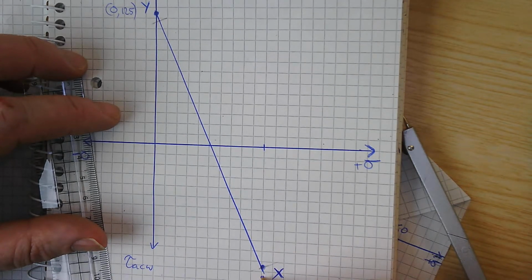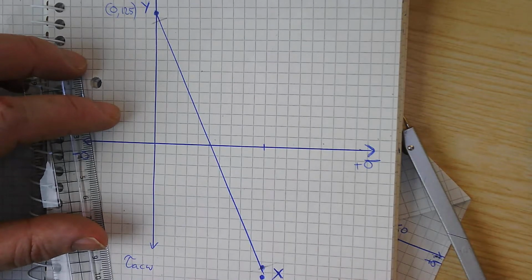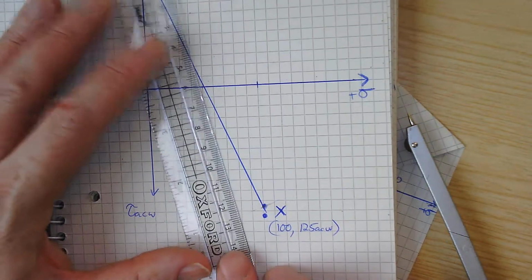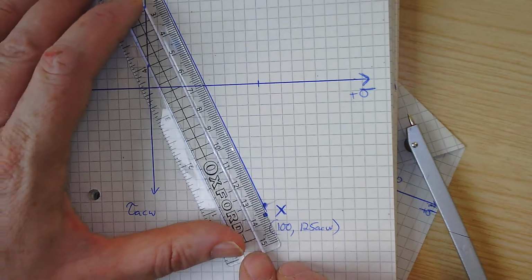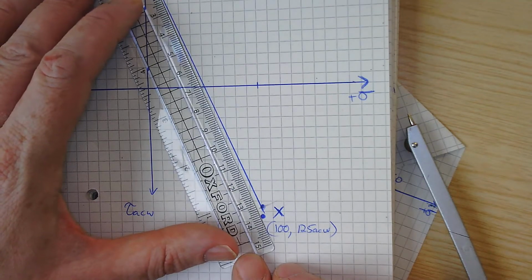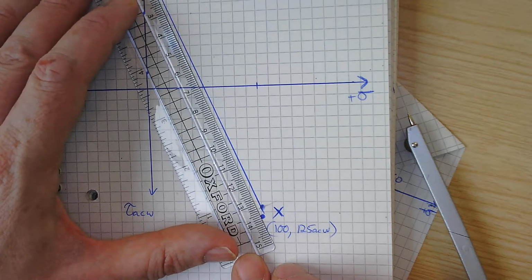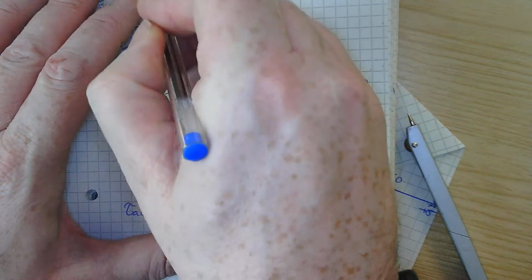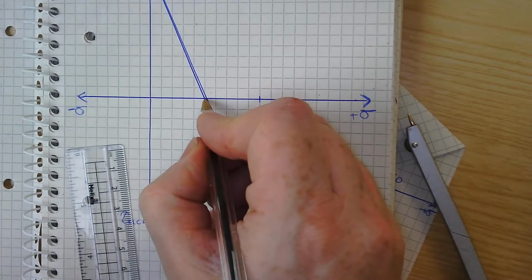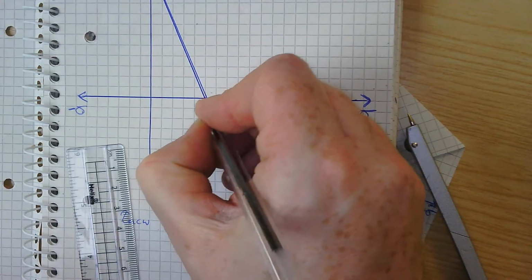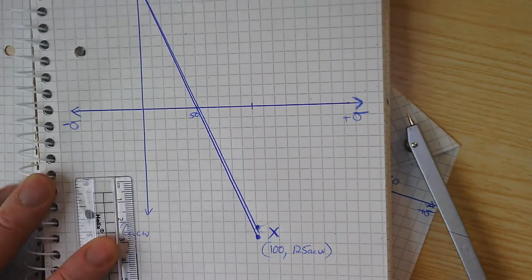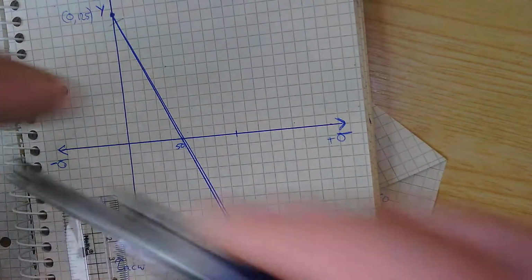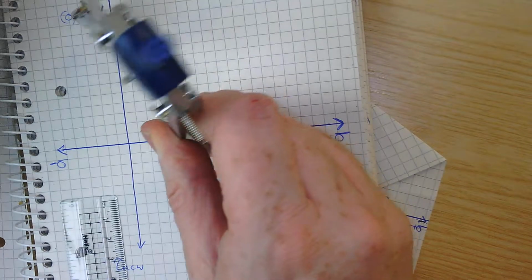So the X point should actually be down here. And that would explain as well why they didn't quite cross the axis where I thought they should. So that should be more like that. We all make mistakes sometimes. Okay, so that makes more sense. Now that's crossing the axis exactly here at 50. And now I can pop down my compass and set the radius.